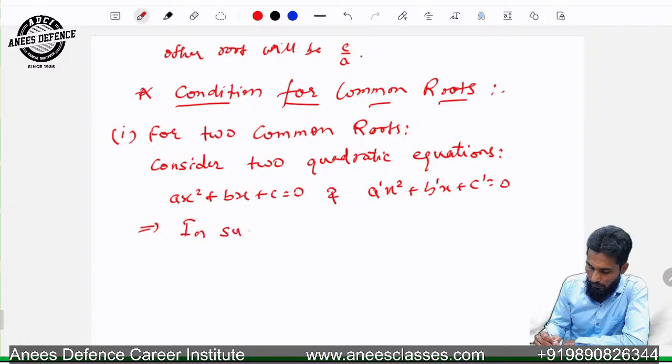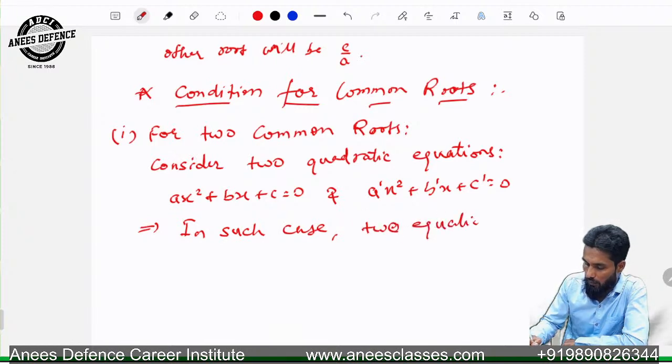So we can say that in such case the two equations should be identical to each other because both the roots are the same, so they will be identical in terms of the coefficients they are having.